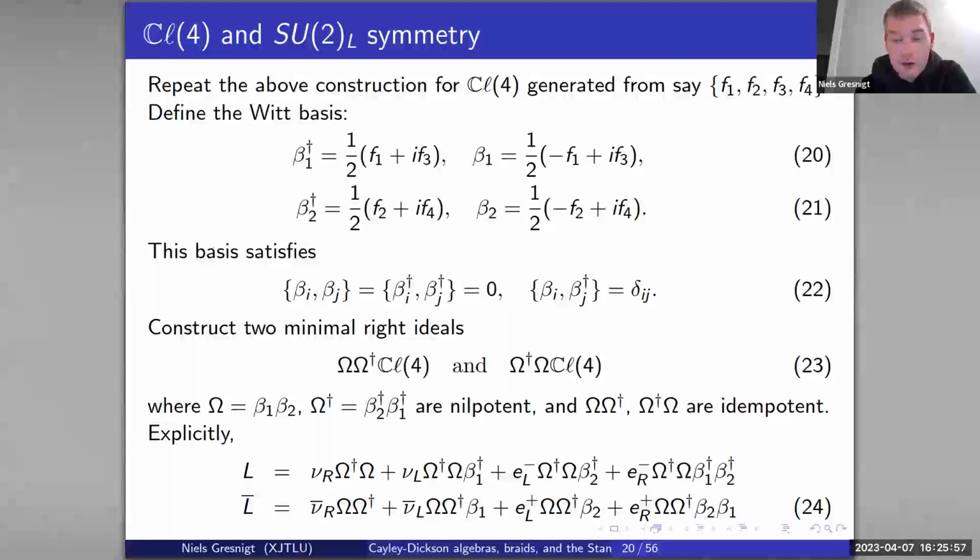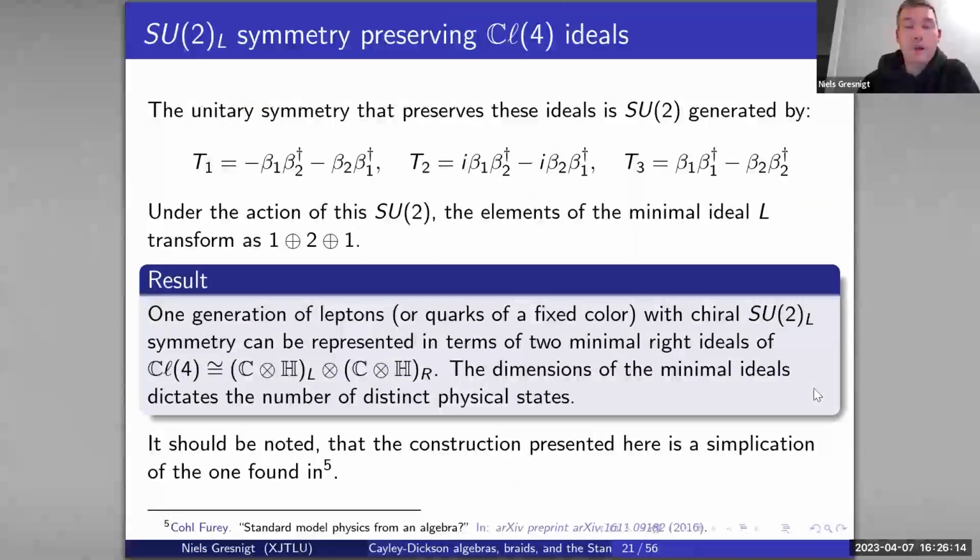So in this case, in equation 24, we end up with 2 4-dimensional minimal right ideals, where again, the coefficients are complex numbers. And so we ask again, which symmetries preserve these minimal ideals? And this time you find that it's preserved by an SU2 symmetry with the generators given there.